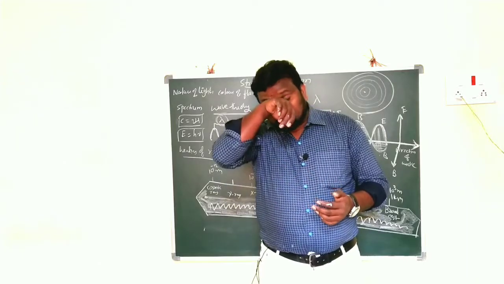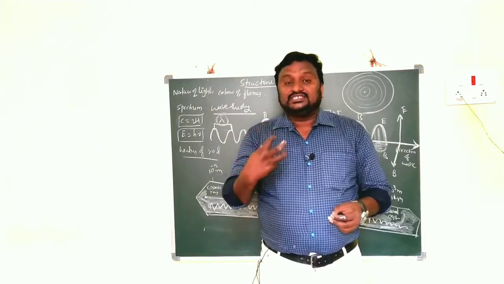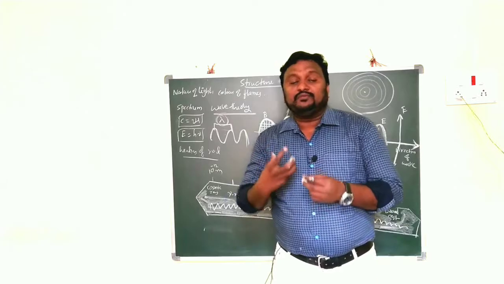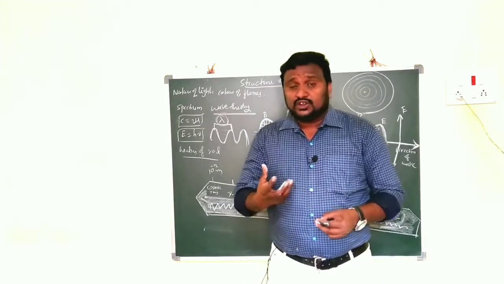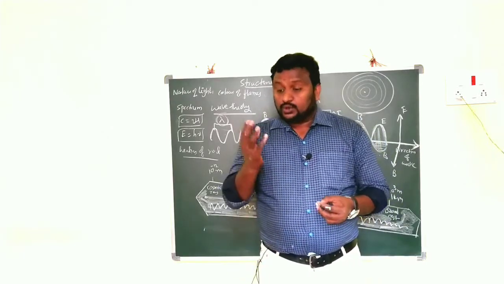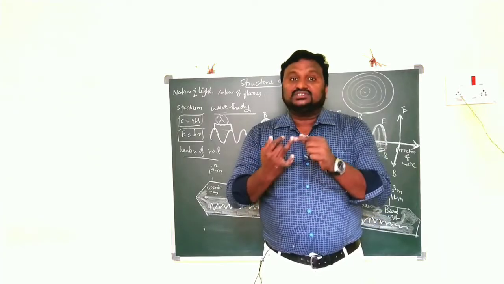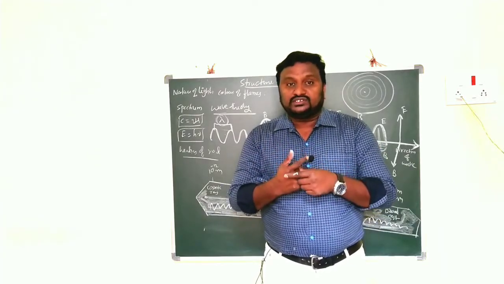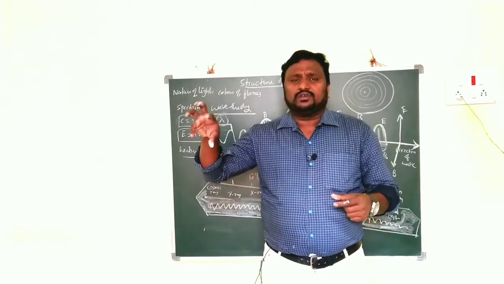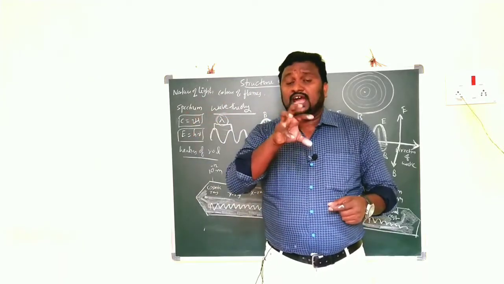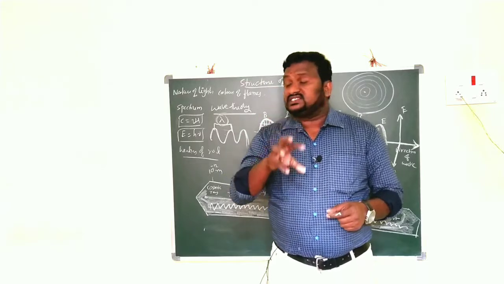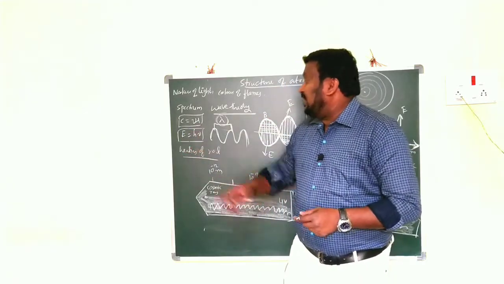What is meant by spectrum? Spectrum is nothing but the energy that is emitted. If it is captured on a screen, that should be called a spectrum, children. You can take light waves, sound waves, water waves, all kinds of waves, and all of them have one common relation: C is equal to nu lambda.